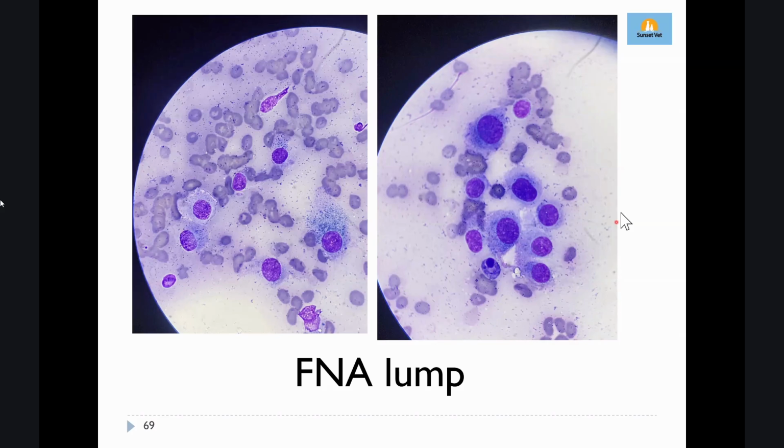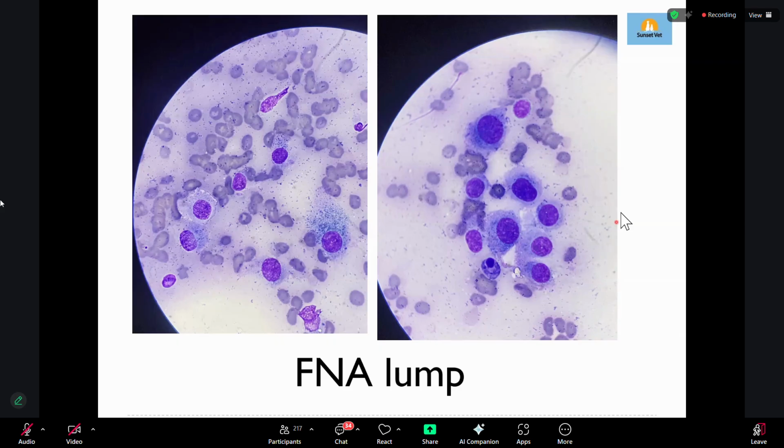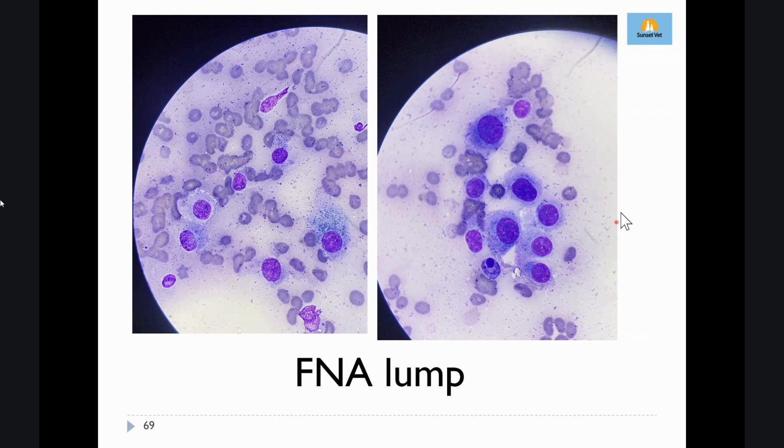Inflamed? Do you see any inflammatory agent? Oh, actually, no. Okay, it's cancer. What kind of cancer?